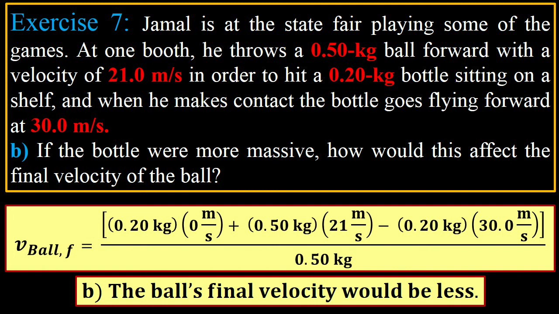So instead of being 0.2, it was 0.4. So you would be subtracting off a larger amount. The first term in the numerator is 0, but then the third term would be larger, and you'd be subtracting off a larger number. So the ball's final velocity would be less.